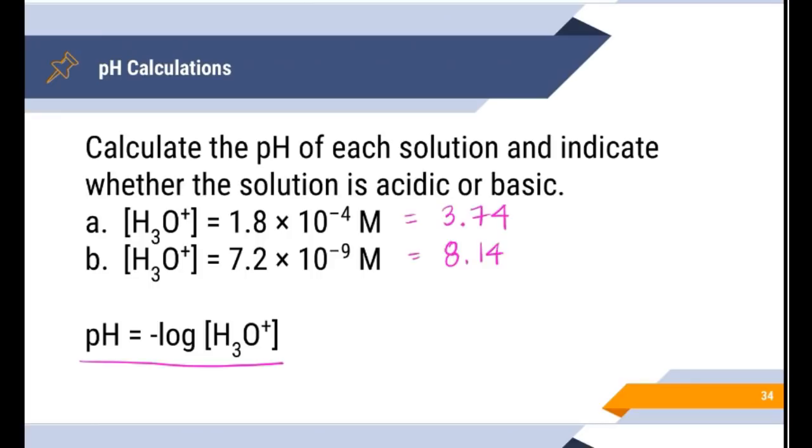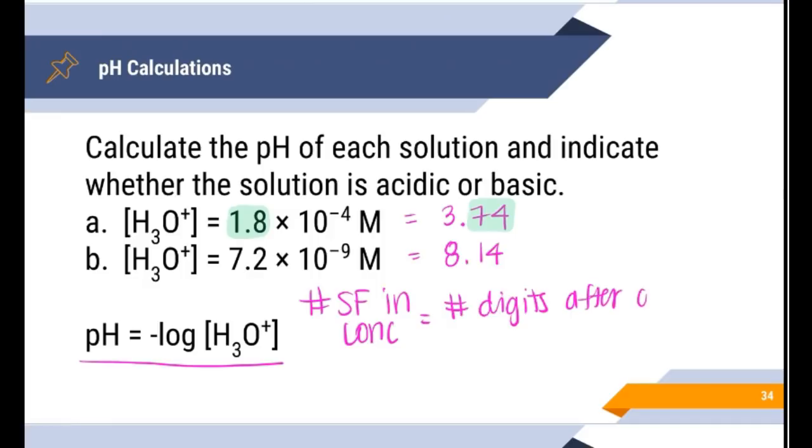Okay, so here are the pHs we should get. pH does not have a unit. Sig figs: the number of sig figs in your concentration equals the number of digits after the decimal place for your pH. So I'll write that down for you. The number of sig figs in concentration equals the number of digits after the decimal in your pH or your pOH or whatever you're talking about.